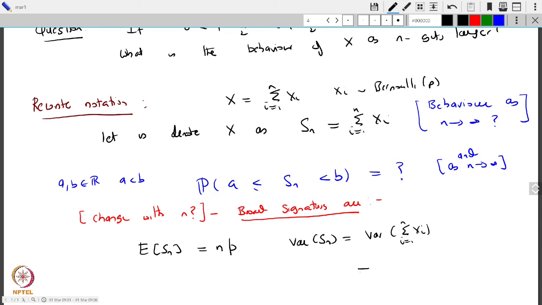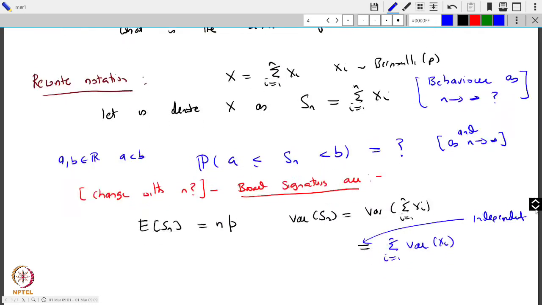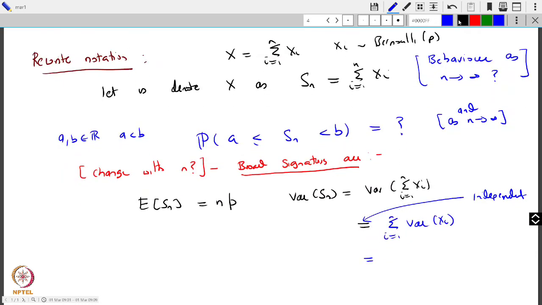They're all independent, so the variance of the sum is the sum of the variances. And we know that each Bernoulli has variance p times 1 minus p. There are n of them, so the variance of Sn is n times p times 1 minus p.